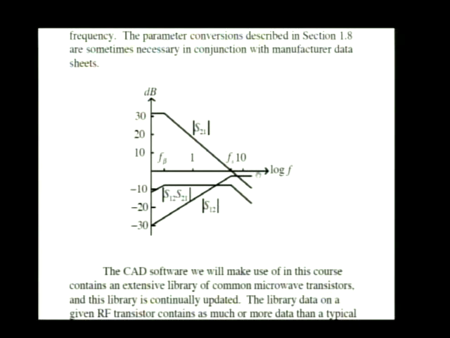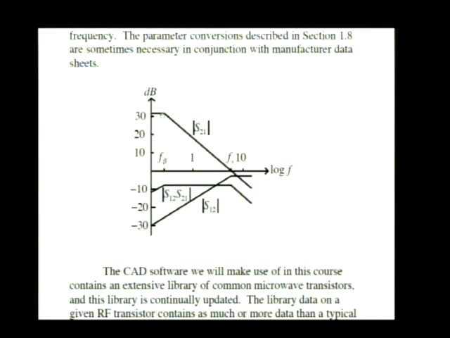I'm choosing a logarithmic frequency scale and also a logarithmic scale for the magnitudes of the scattering parameters. What you find is that at low frequencies, the forward transducer gain has nice large values for a typical transistor.